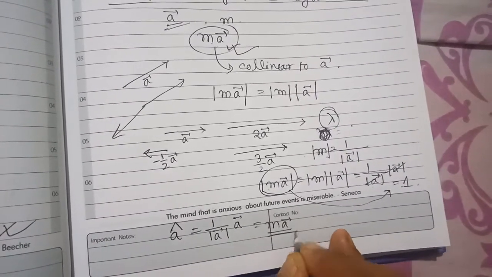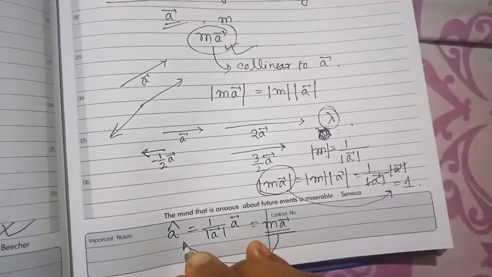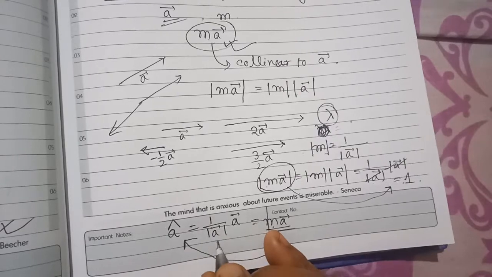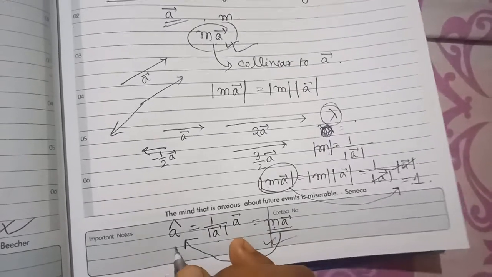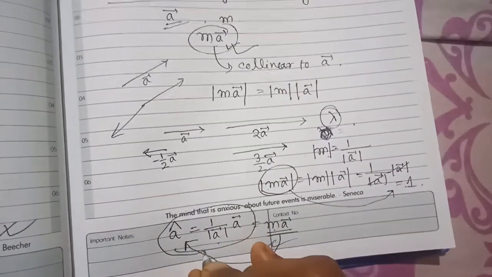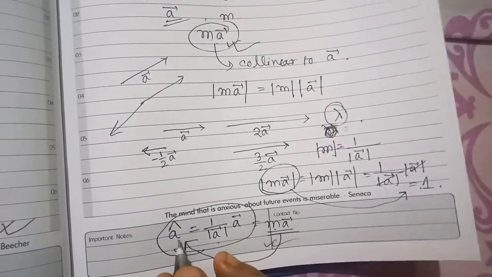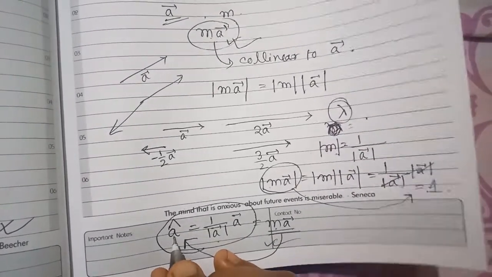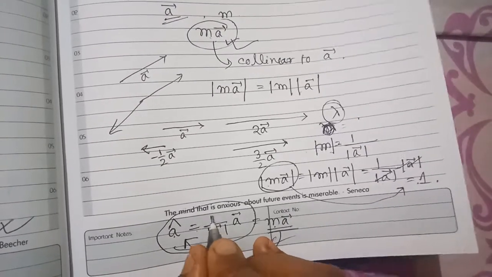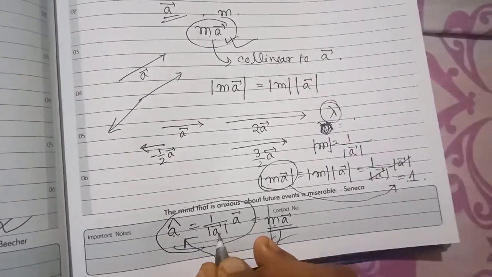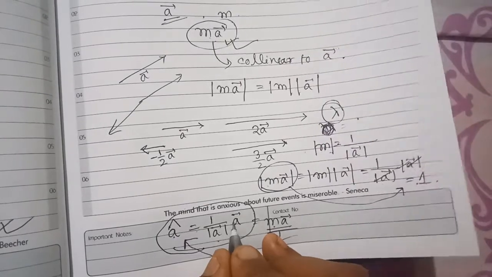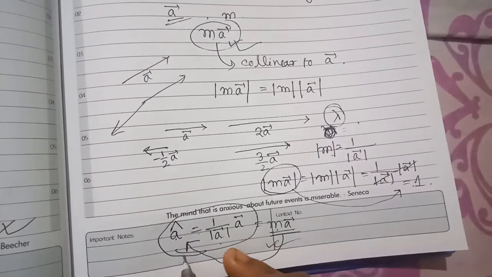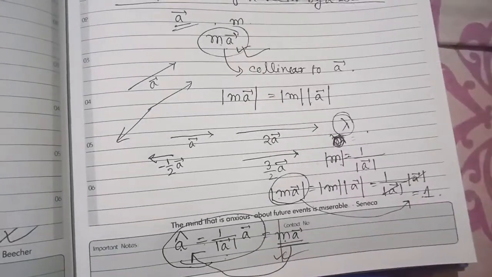So this m A vector represents the unit vector if m's value is 1 by mod A, and this is the formula of the unit vector in the direction of any vector. A cap is equal to 1 by modulus of that vector into the vector itself. So this is the unit vector.